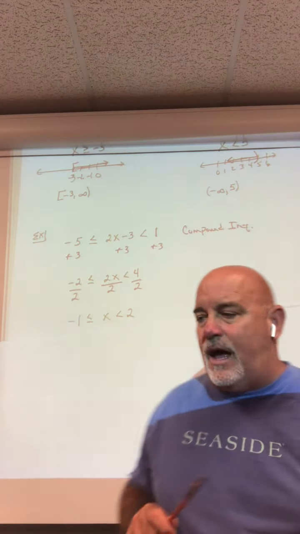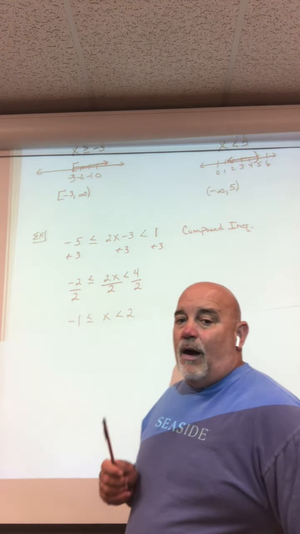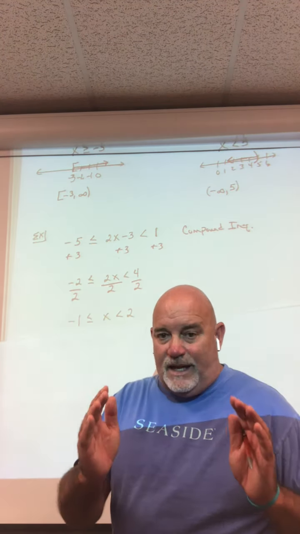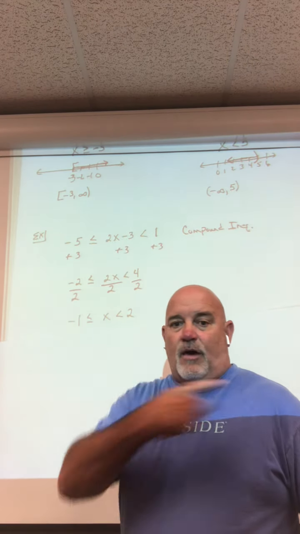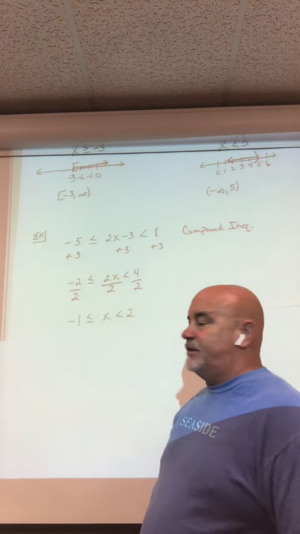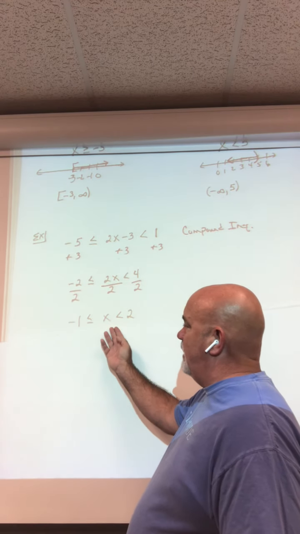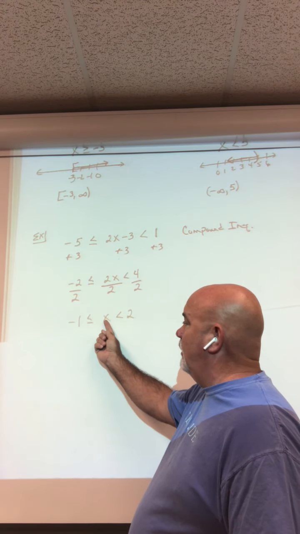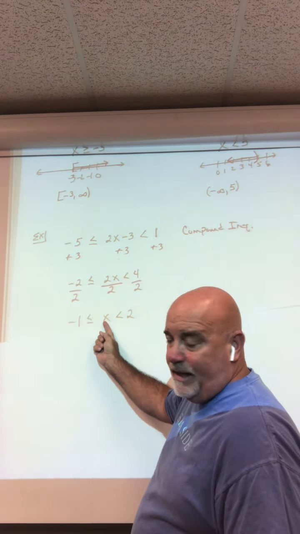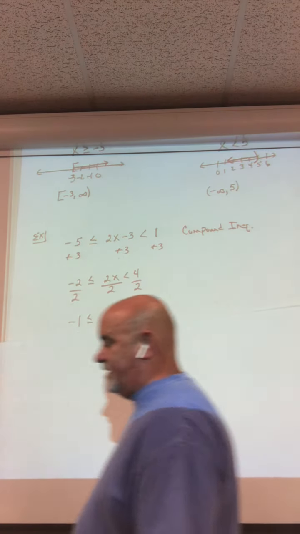When you graph a compound inequality, the graph is always between your two numbers. So the graph doesn't go forever in one direction or the other. This simply means x represents all of the numbers between negative 1 and positive 2.